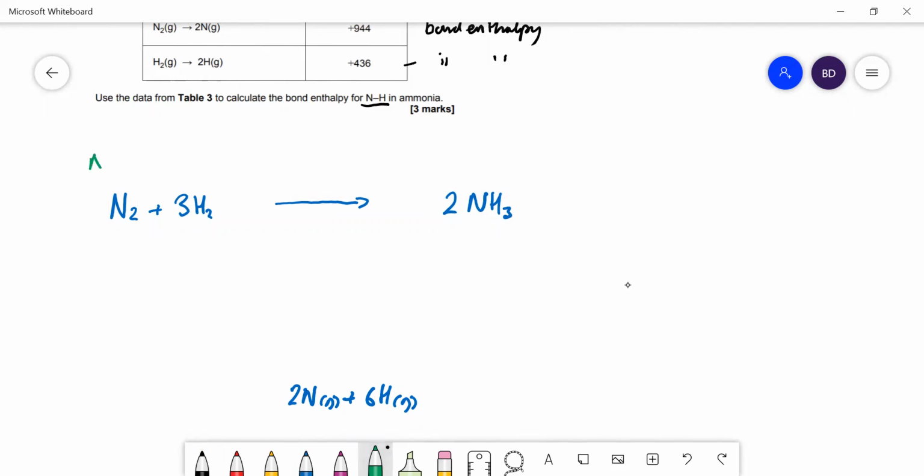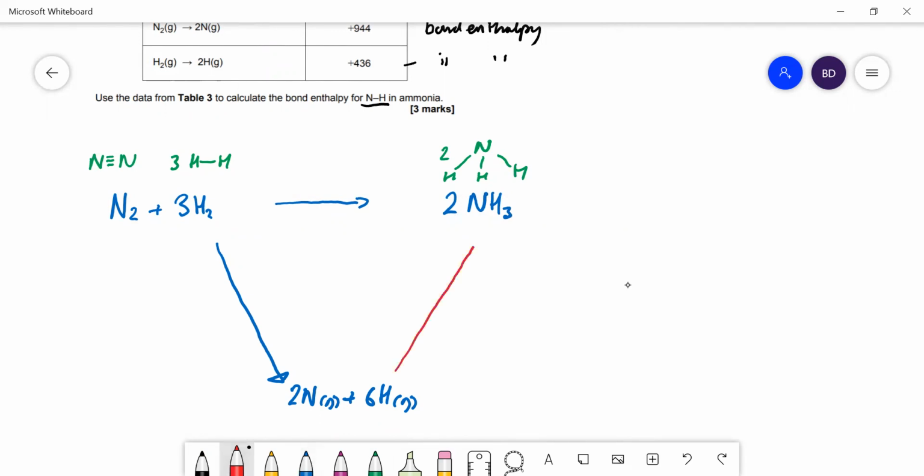So we've got that, and we've got 3 of those, and here we've got 2 lots of ammonia. Looks like that. Okay, so with this kind of energy cycle, when you've got bond enthalpies, I usually break everything up into the gaseous atoms, blue arrow there, and then build it all back up again into the new molecules, the red arrow there.